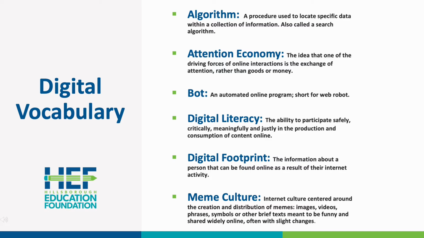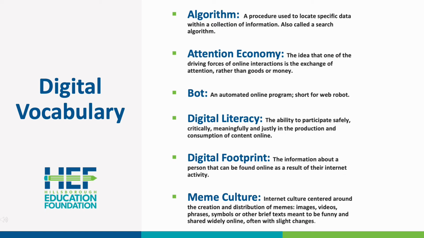So here are a few vocabulary words that you can keep in mind, so the next time you're having a conversation or the next time you see these words, you'll be more informed on what they mean. So the first word is algorithm. Algorithm means a procedure used to locate specific data within a collection of information, also called a search algorithm.